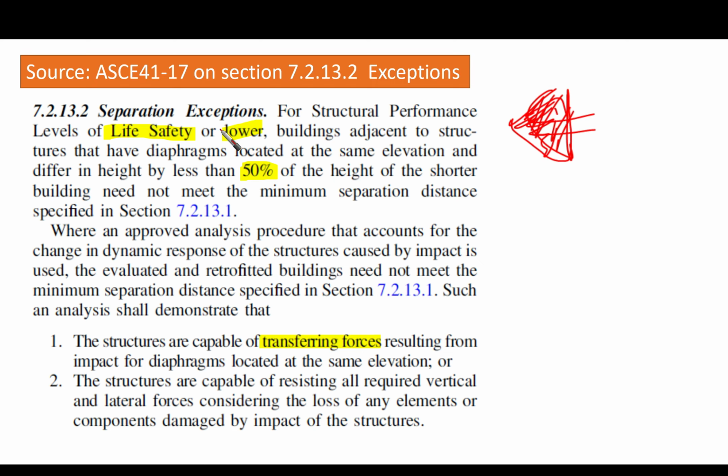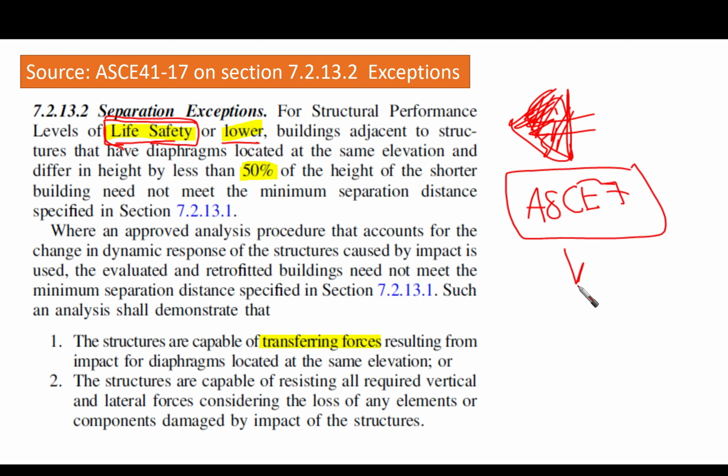Separation exceptions for structural deformation levels of life safety or lower. Generally, this is the performance level that we are designing for, even using ASCE 7. So in ASCE 7, we are designing our structure for the life safety limit state, even without realizing that.